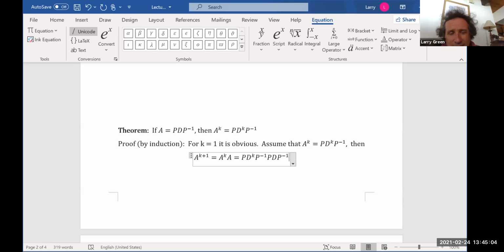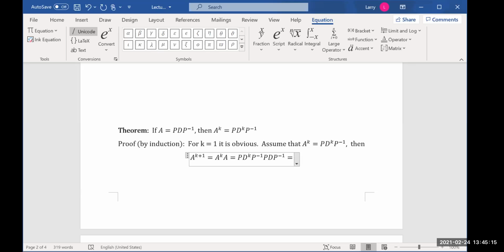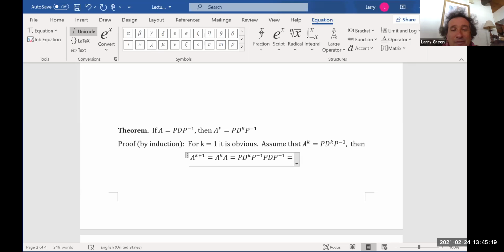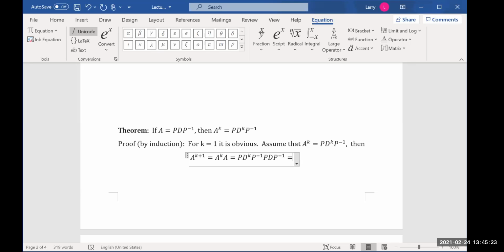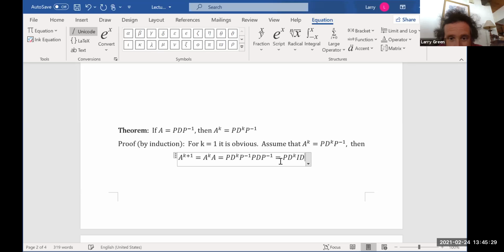Okay, what can I do now? You can group P inverse with P. Right, what's P inverse times P? It's I. Yeah, so that's equal to P D to the K I D P inverse.